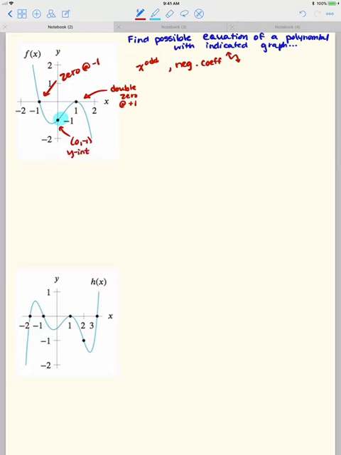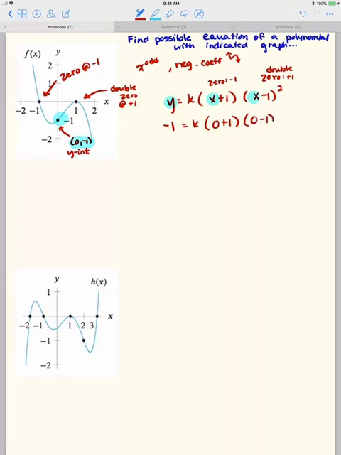So if we plug what we have in, we have a constant, we have a 0 at -1, so I'll do x plus 1, and then I have a double 0 at +1, so I'll do x minus 1 squared. And then I'll use my point, plug in for x's and y's, get -1 is the constant times 0 plus 1 times 0 minus 1 squared.